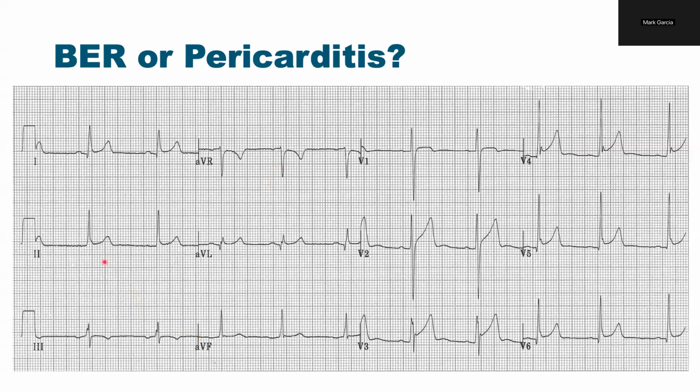And it seems to be fairly widespread, not just restricted to the precordial leads. And so the answer is actually, well, this might be pericarditis in someone with benign early repolarization. So maybe in fact it's both. So it's a tricky ECG.